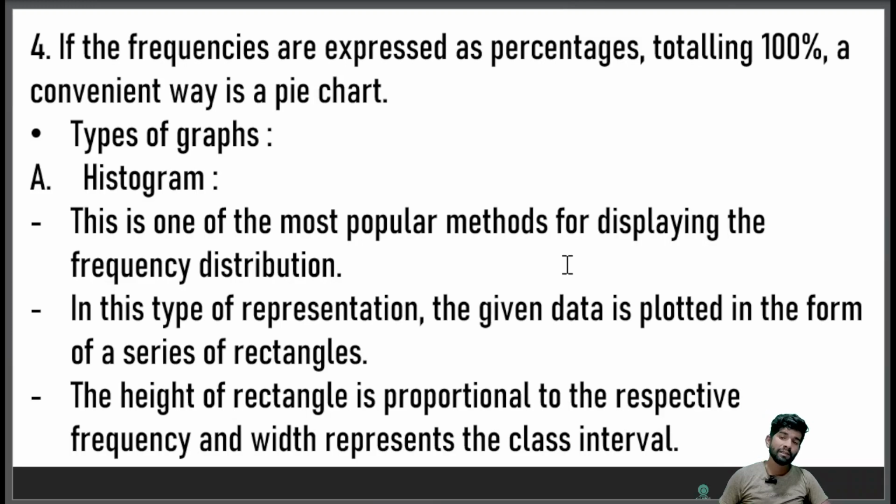Then we are seeing the types of graphs, where the first one is the histogram. This is one of the most popular methods of displaying the frequency distribution. In this type of representation, the given data is plotted in the form of a series of rectangles, one by one, where the height of the rectangle is proportional to the respective frequency and the width represents the class interval.